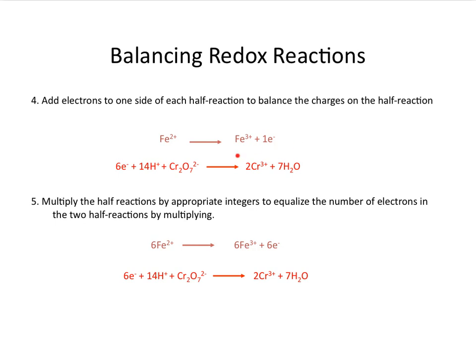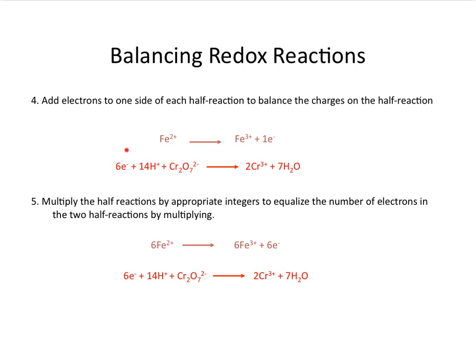Okay, in that same vein, down here, notice I have 2 chromiums with a +3 charge, so I have a total of +6 on this right-hand side. Okay, so on the left-hand side, I also need to have +6. So if we look at what we have, we have 14 H pluses, and then we have a single 2- ion here, so that's going to give us 12 plus from these 2 species.